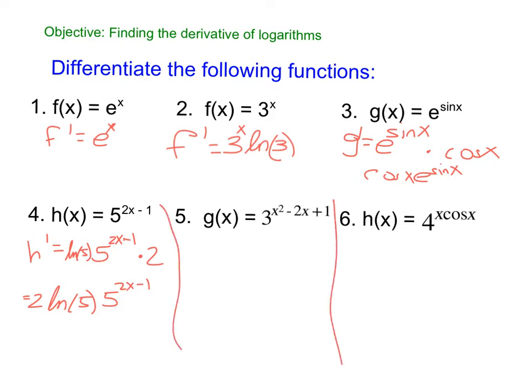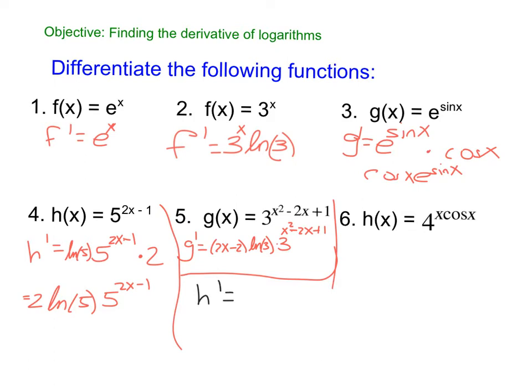All right, g prime. We got the derivative of the top, 2x minus 2, times ln of the base, ln of 3, and then we rewrite it. Whew. And then this last one, I'm going to give myself a little more space here for 6. H prime equals.